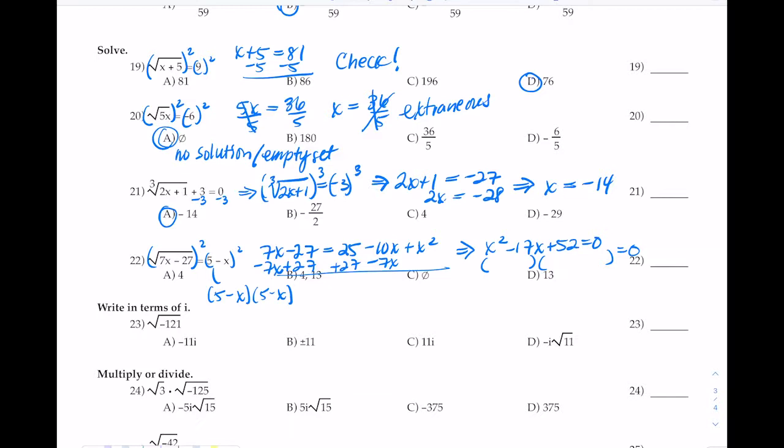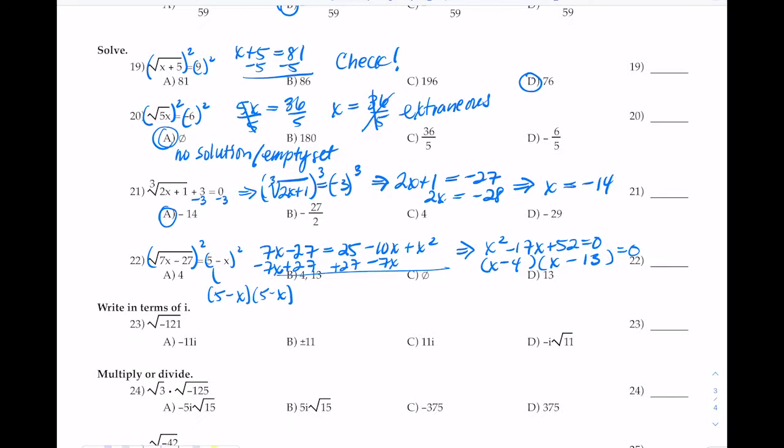I can't get a 17 from that. 3 does not go into 52. 4 does go into 52. So 4 goes into 52 13 times, and I can get a 17 from that. Negative 4 times negative 13 is positive 52, and negative 4 plus negative 13 is negative 17.